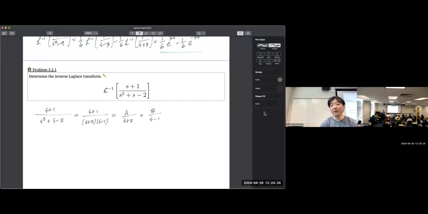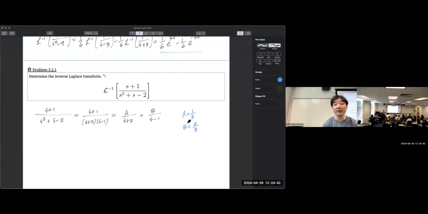And so I'll write out the partial fractions to compute A and B. That's just calculus 2. So just so that we get the punchline, you'll get A equal to 1/3 and B equal to 2/3 on this. I'm not going to go through the algebra of showing that A and B are these.